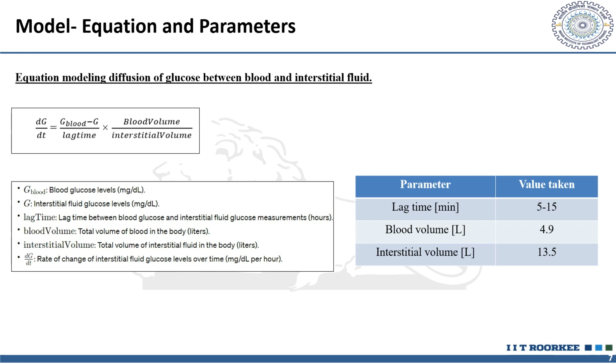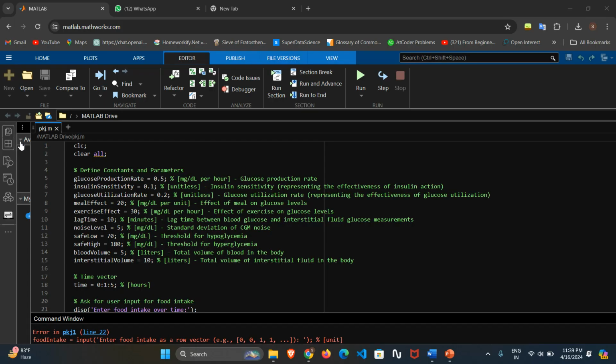We have taken lag time to be around 5 to 15 minutes, the blood volume to be 4.9 liters, and the interstitial volume to be 13.5 liters. All these are assumptions as discussed earlier, and these values might be changed in future to have better results.